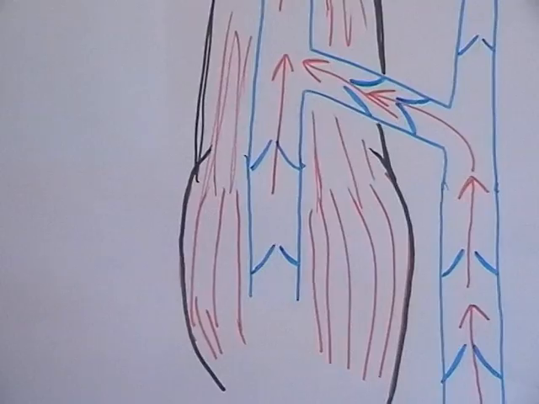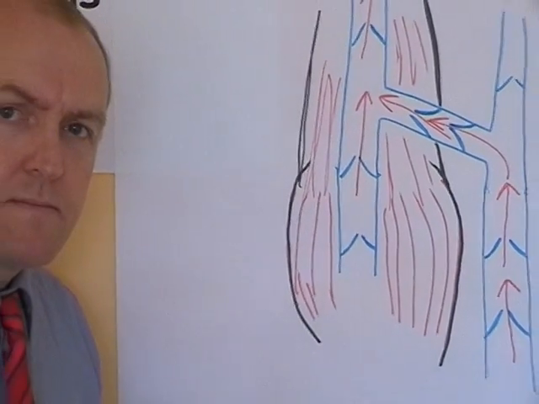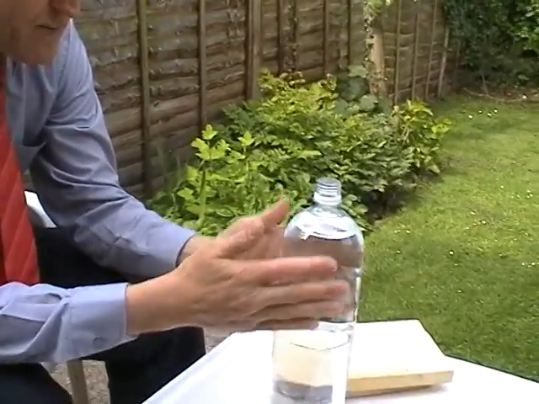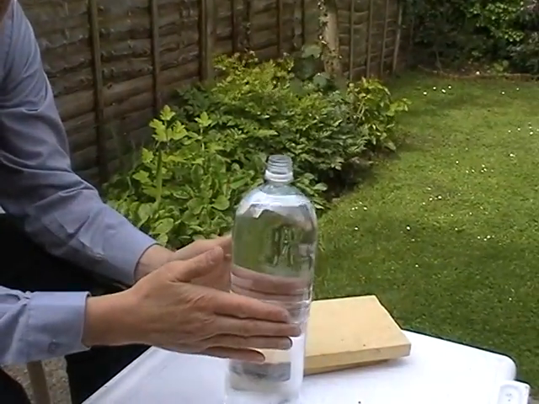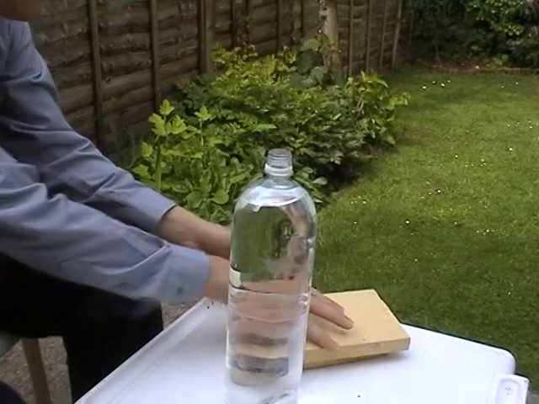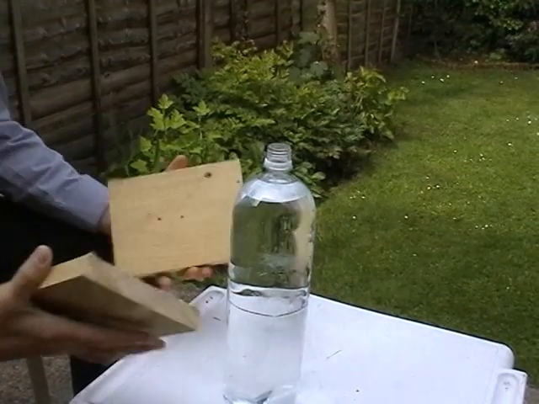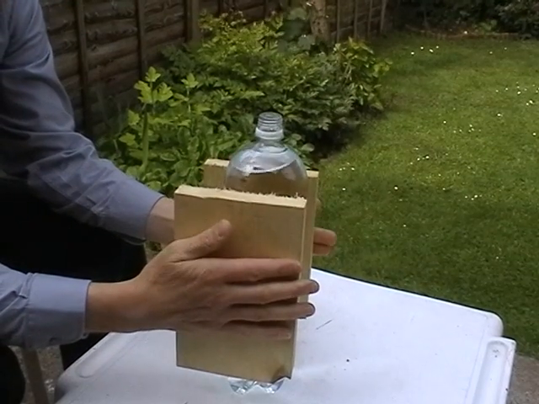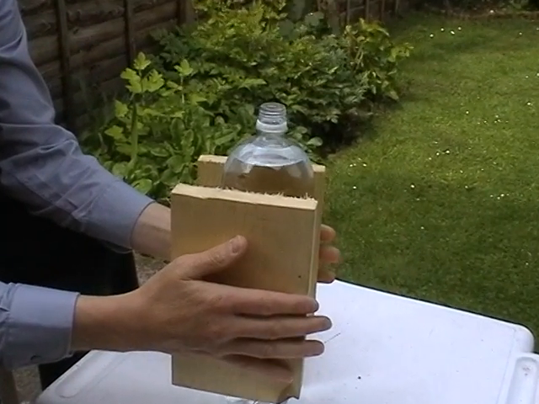Now, I think I'll show you a demonstration of this. I'm not sure how well this is going to work, but what we have here is a tube with water in it. So let's imagine the tube is the vein. The water, of course, is the blood. And these pieces of wood are the muscle. So this is a deep vein because it's going through the muscle.